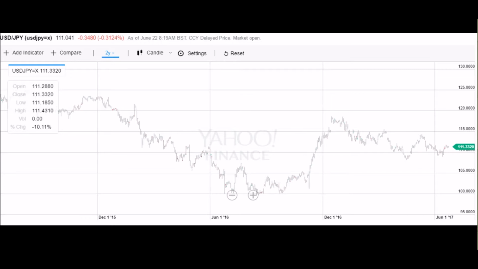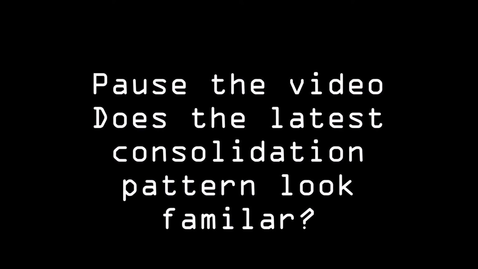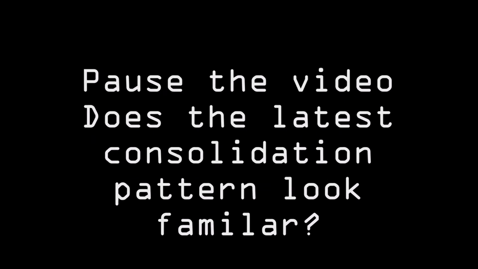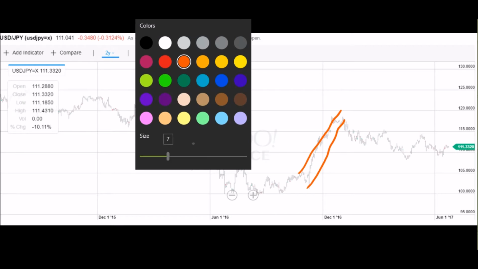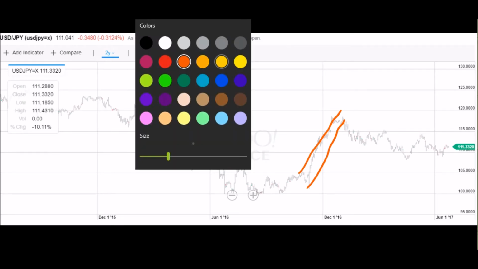We see some very interesting pattern on the 1-year chart. You can take a guess. So you've got an uptrend, you've got a consolidation pattern. You need to figure out what this consolidation pattern is. To me, this looks like a continuation head and shoulders pattern.